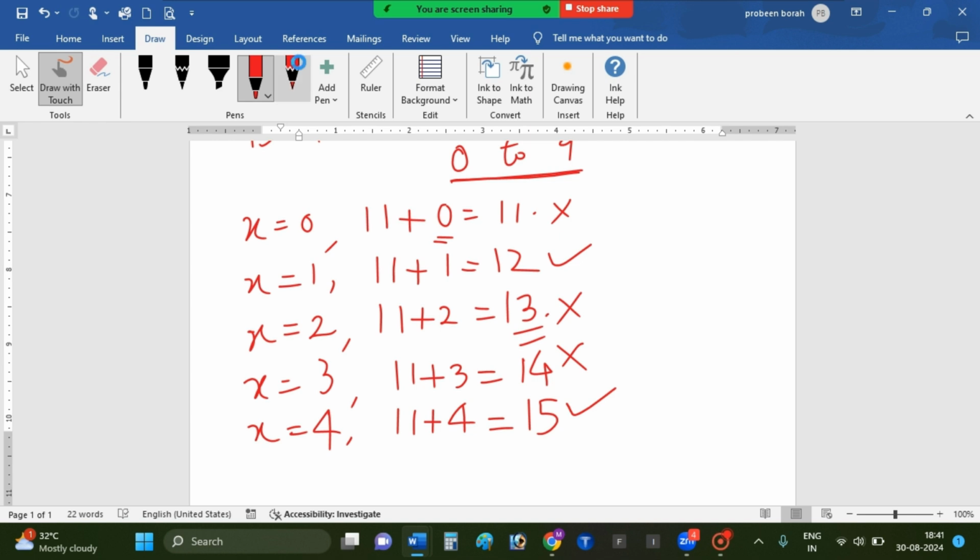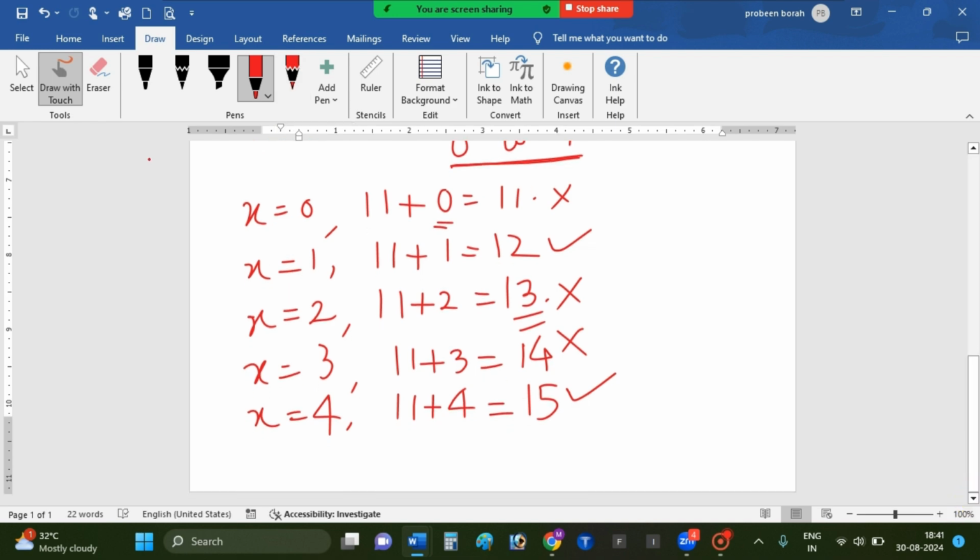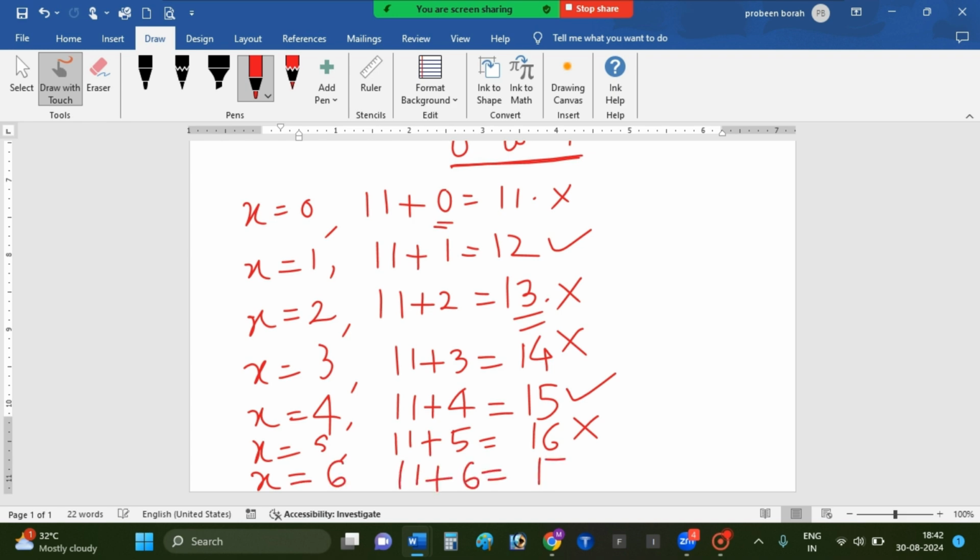Let's carry on and check for the other numbers. With x equal to 5, 11 plus 5 is equal to 16. Definitely 16 is not divisible by 3. With x equal to 6, 11 plus 6 is equal to 17. Is 17 divisible by 3? No. Let's carry on for the next page.